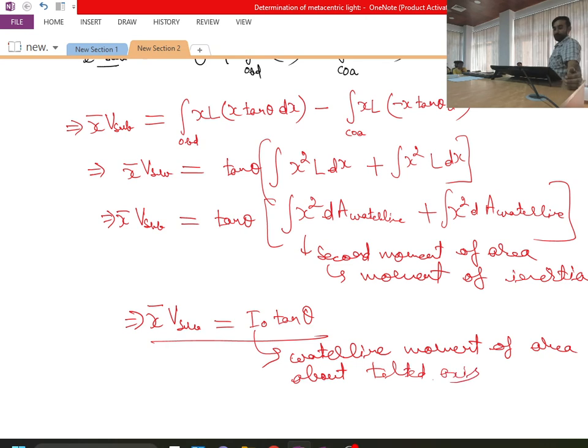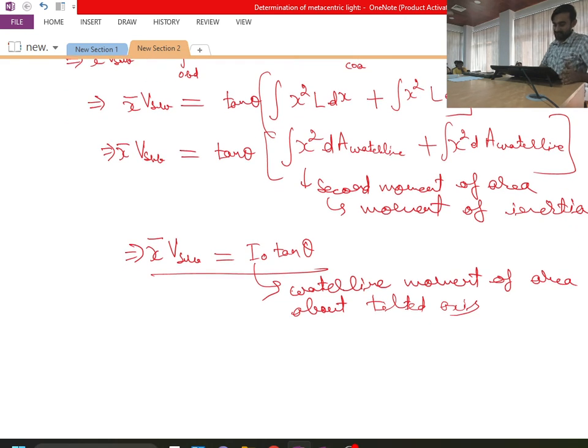Okay, up to this point, is it clear? So from here I can clearly say that my x bar divided by tan theta is nothing but equal to I naught divided by submerged volume. Is that clear?